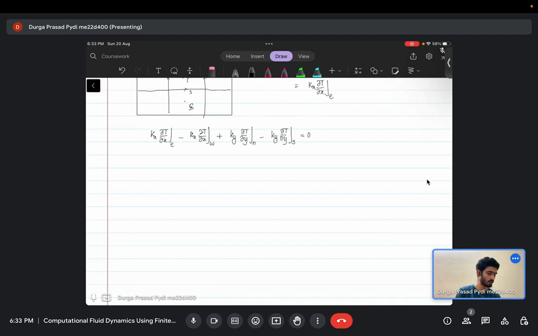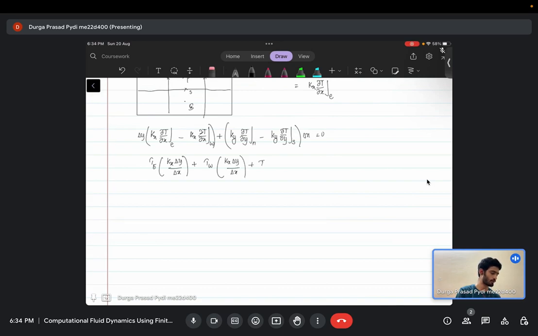write the equations. So for T east, I'll have Kx, so there should be a delta y here and a delta x here. So Kx delta y by delta x, plus the same for the west coefficient, Kx delta y by delta x.